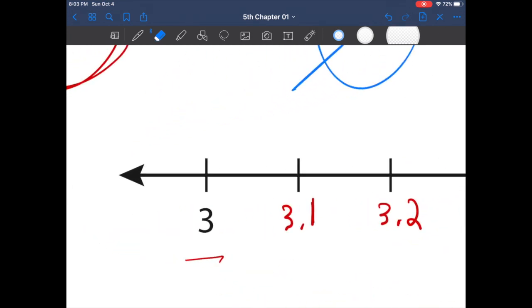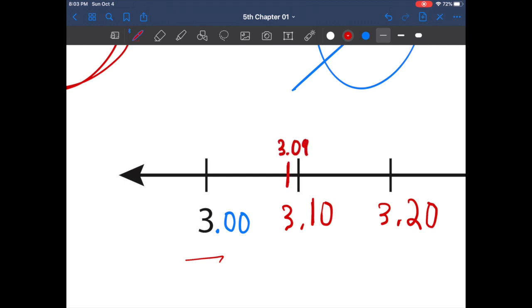So it's somewhere over here. If this was 3, remember we can add as many zeros as we want: 3.00, this would be 3.10, and then this would be 3.20. Where would 3.09 be? Isn't 9 really close to 3.10? So I think that's where 3.09 would be.